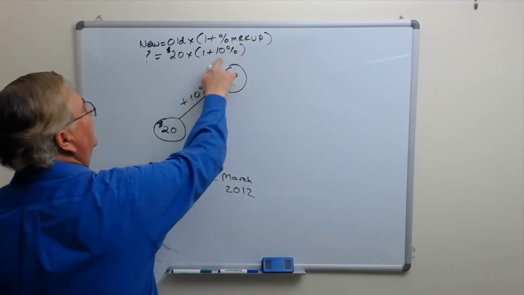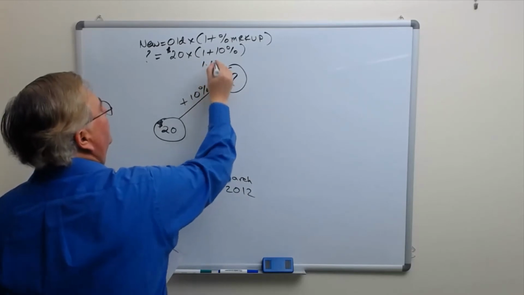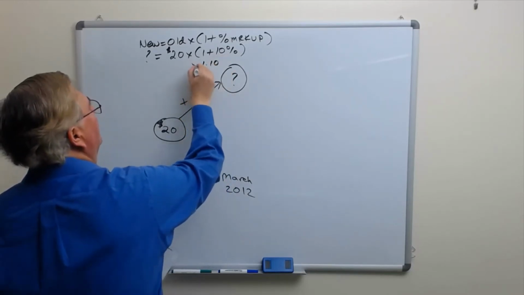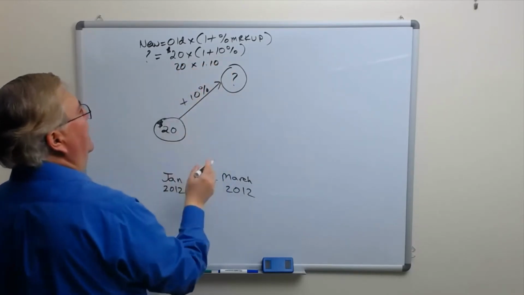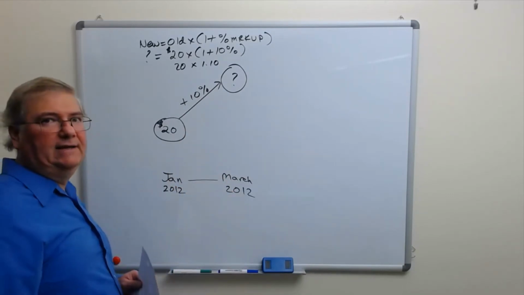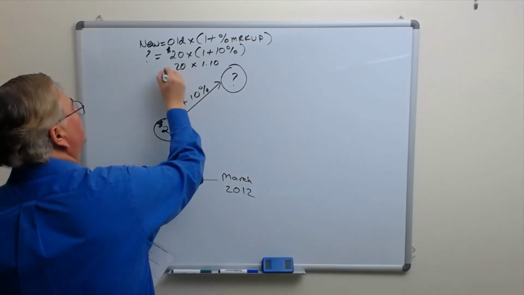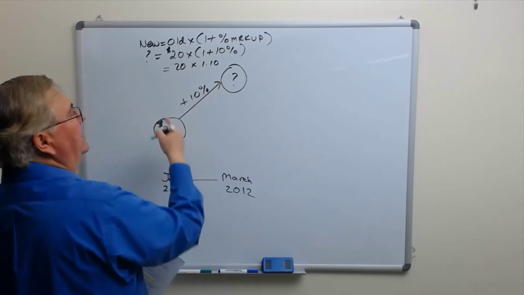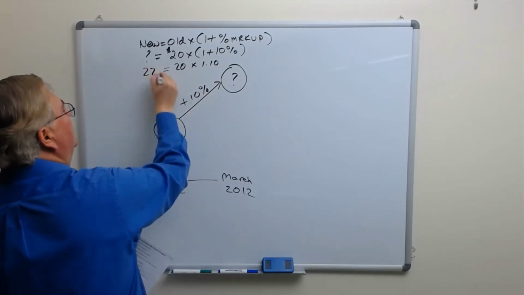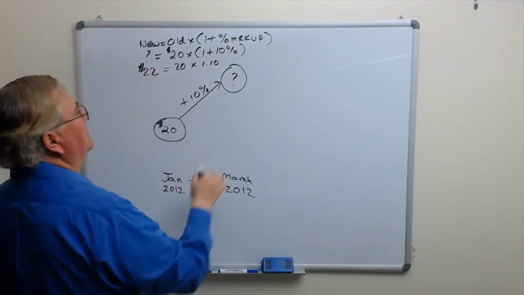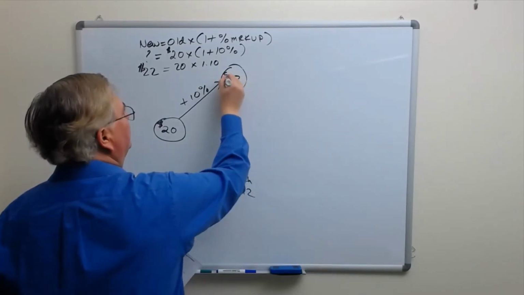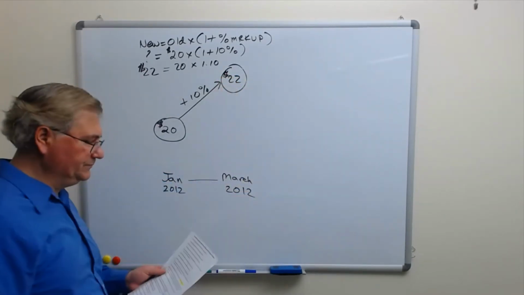Let's work the parentheses. That's 1.10 times 20. And if you take out your handy dandy calculators, you'll see that 10% gain on 20 is $2, so that should be $22. So that's the new stock price at the end of March.